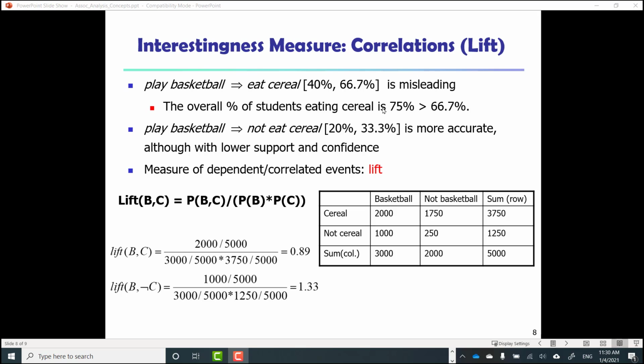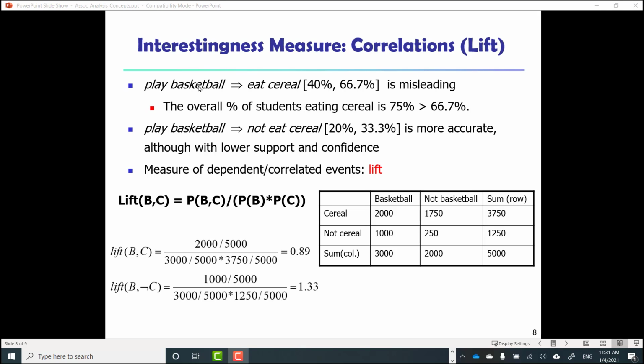The general population eating cereal is 75%, and what we are finding here is people playing basketball are actually eating less cereal. So going to the basketball court and promoting cereal now sounds like a bad idea. People playing basketball consume less cereal than the general population. Does that make sense to you?